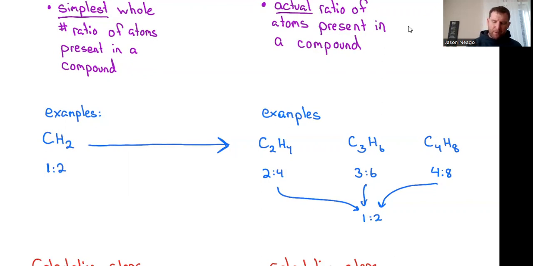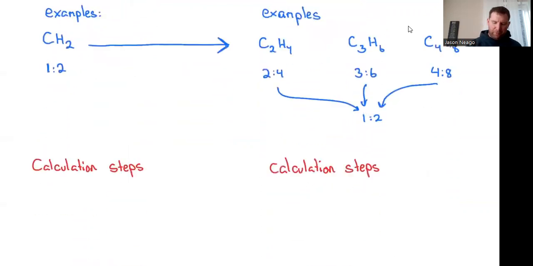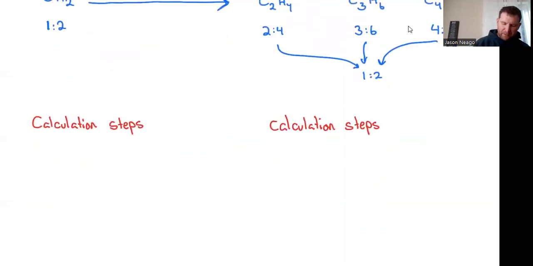All right, so when we talk about empirical formulas, there are 3 steps that you have to do. In step number 1, very simply, we're going to convert to moles. Whatever information I'm given, I'm going to convert to moles. Step number 2, I'm going to divide by the smallest number of moles.